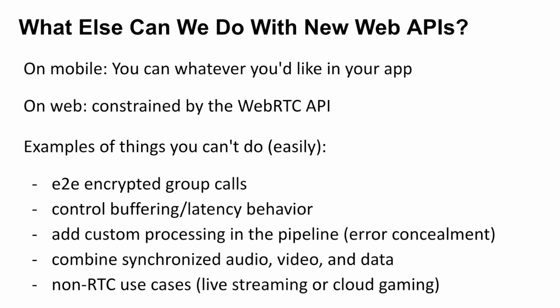Some examples of things that you can't do easily right now are end-to-end encrypted group calls, controlling your buffering or latency, adding custom processing into your pipeline like custom error concealment, combining synchronized audio, video, and data, and, in non-RTC use cases, doing things like live streaming or cloud gaming. They are possible, but they're difficult.